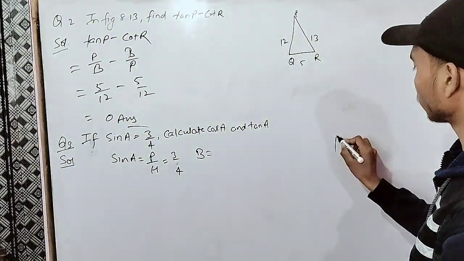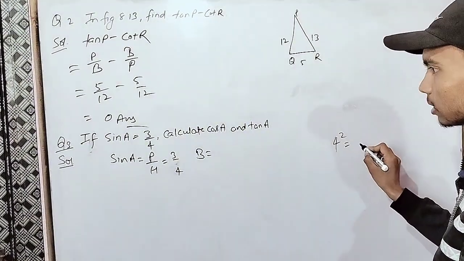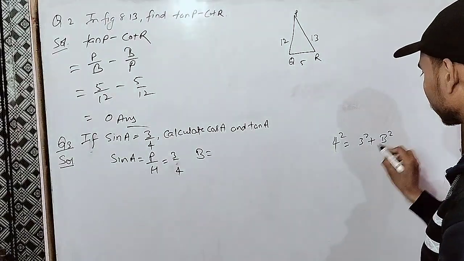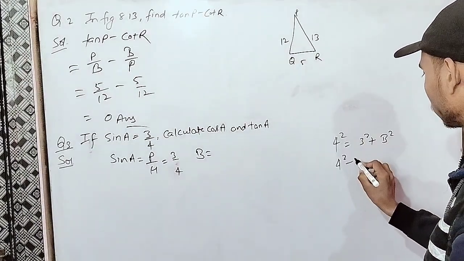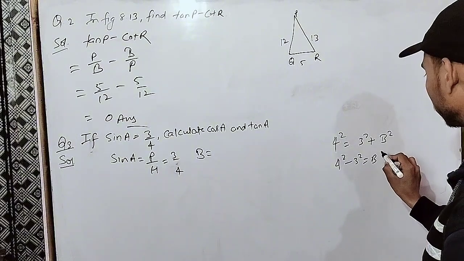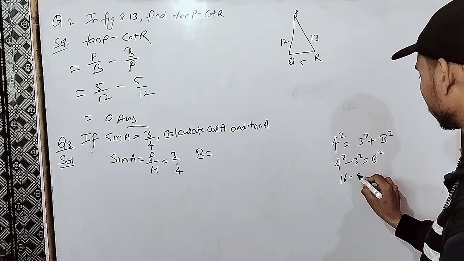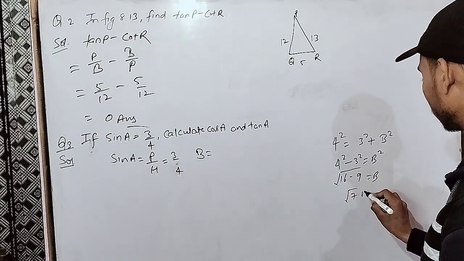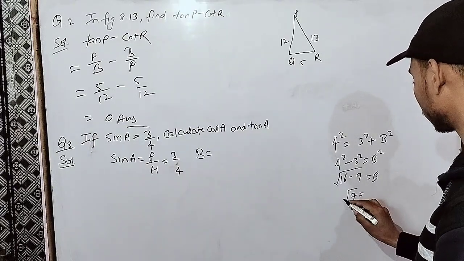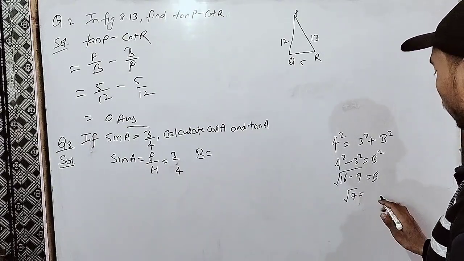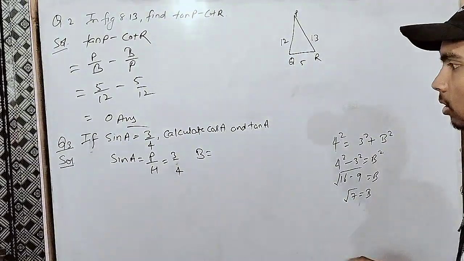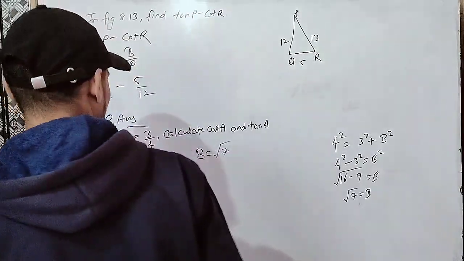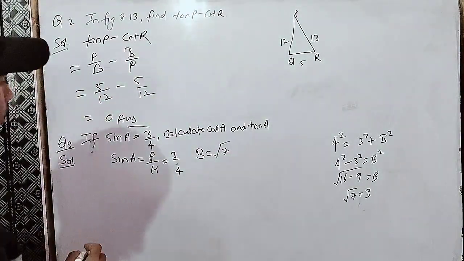So 4 square, then P square, but we don't know the value of B. So 16 minus 9, then B square is 7. So the value of B is root 7, which is under root.